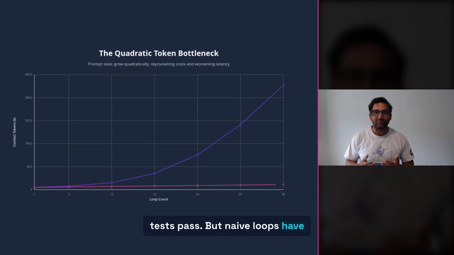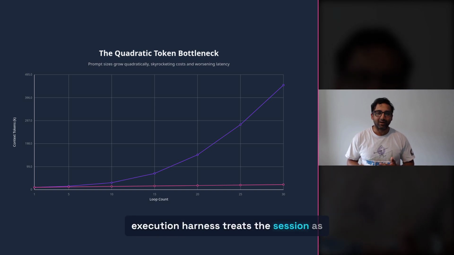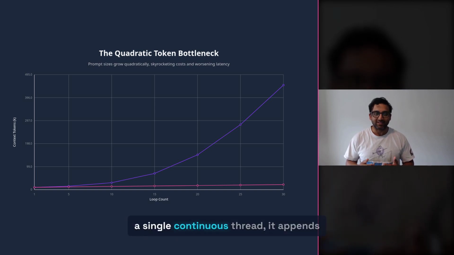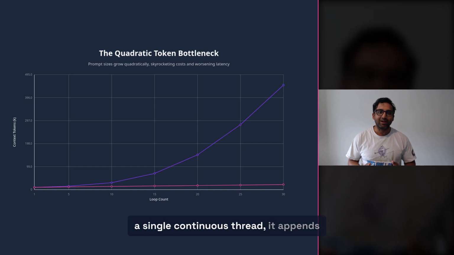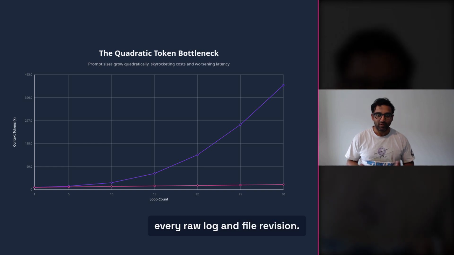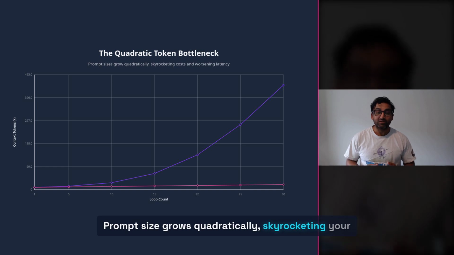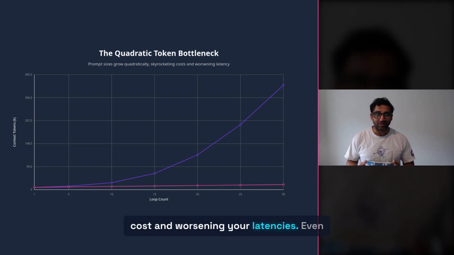But naive loops have a massive hidden cost. If your execution harness treats the session as a single continuous thread, it appends every raw log and file revision. Prompt size grows quadratically, skyrocketing your cost and worsening your latencies.